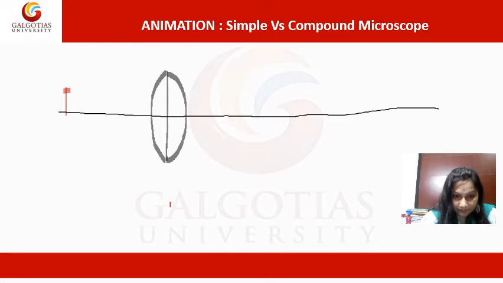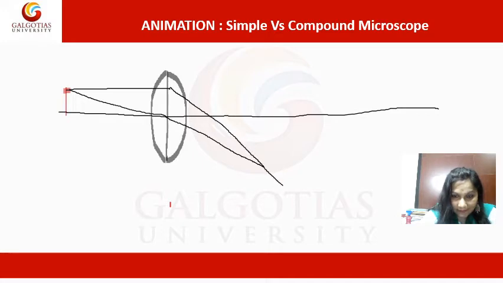Now one ray will pass through the focal point and one ray will pass along the optical axis, and you will get the image of your object at this place.